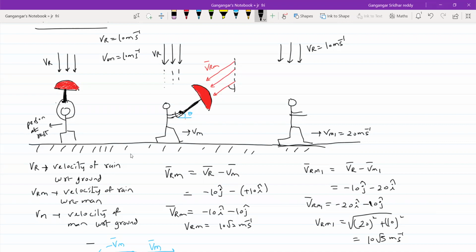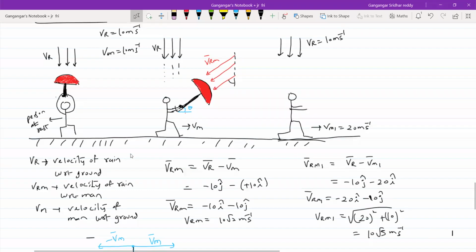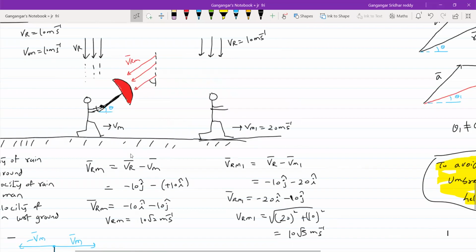Okay, let's go for the vector triangle. So what is the vector triangle? This will be Vr bar. This is Vm1. You see, I increase the magnitude of the vector, so I should increase the length of the vector.